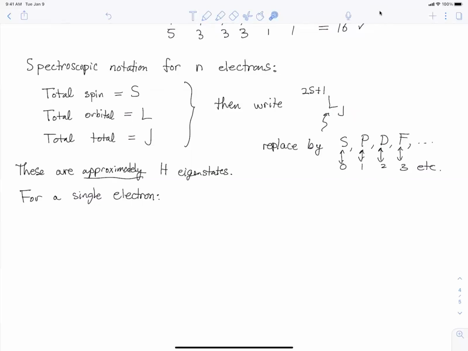So the allowed spectroscopic notation states are 2S 1/2, that means that S wave means orbital angular momentum 0, and then the J has to be 1/2, or 2P, and then I can have 1/2 or 3/2.